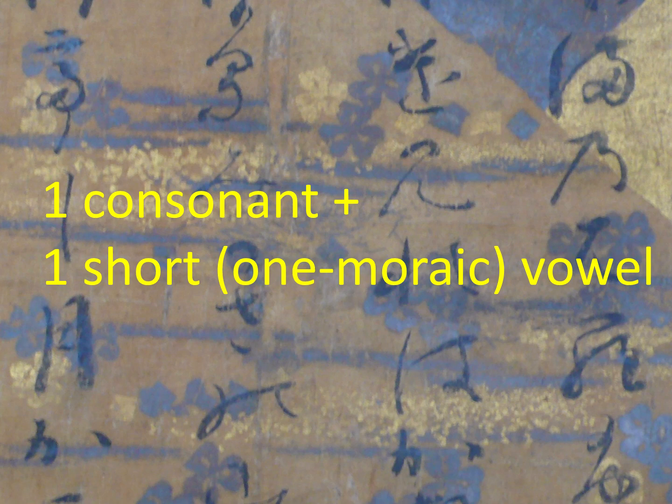For example, ka. The vowel is short, 1 moraic, and we've already encountered this vowel in the letter a. The new element here is the consonant starting the syllable.